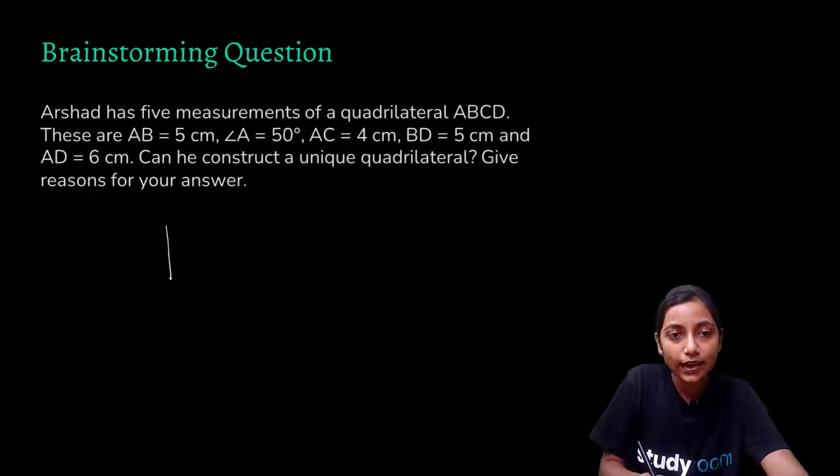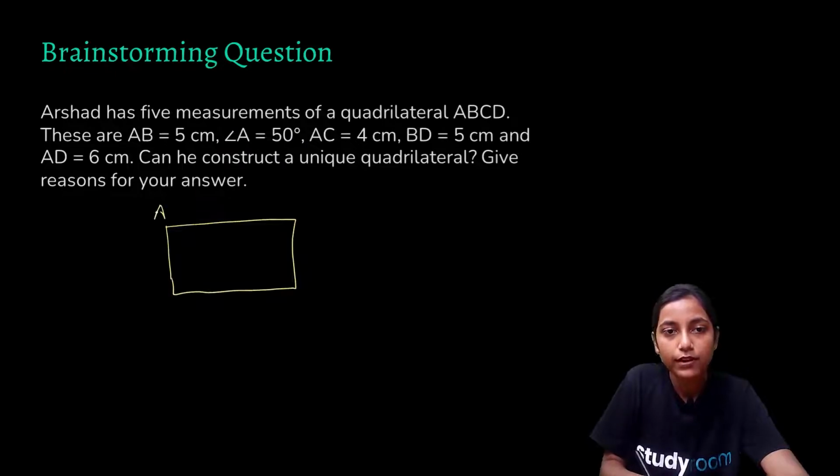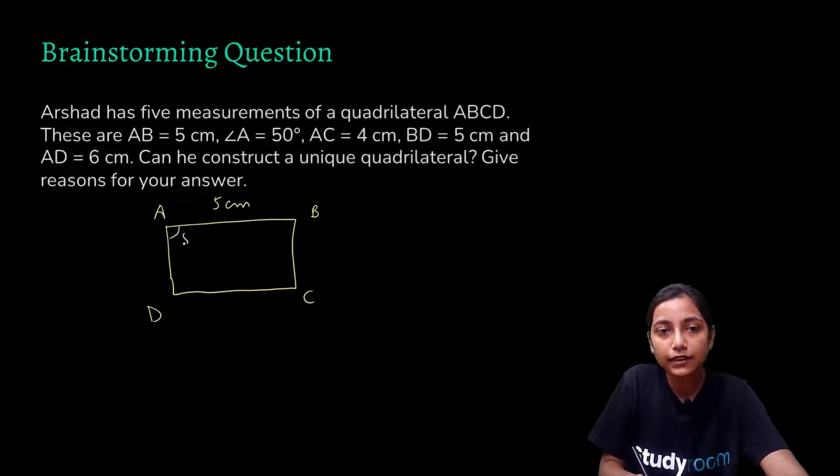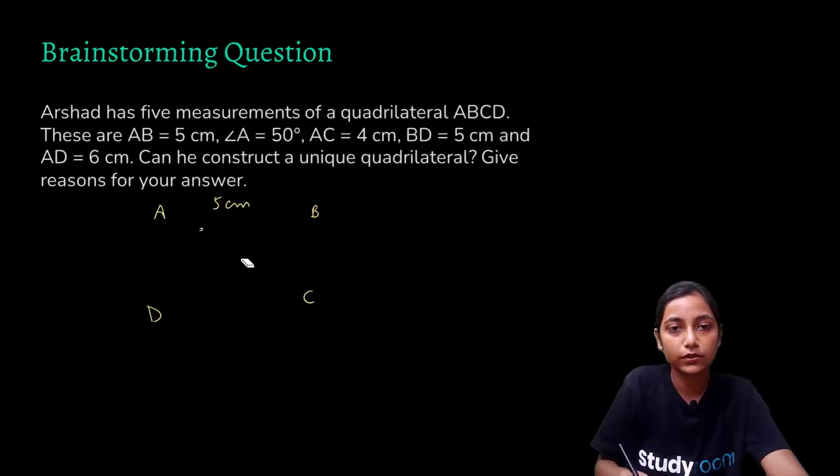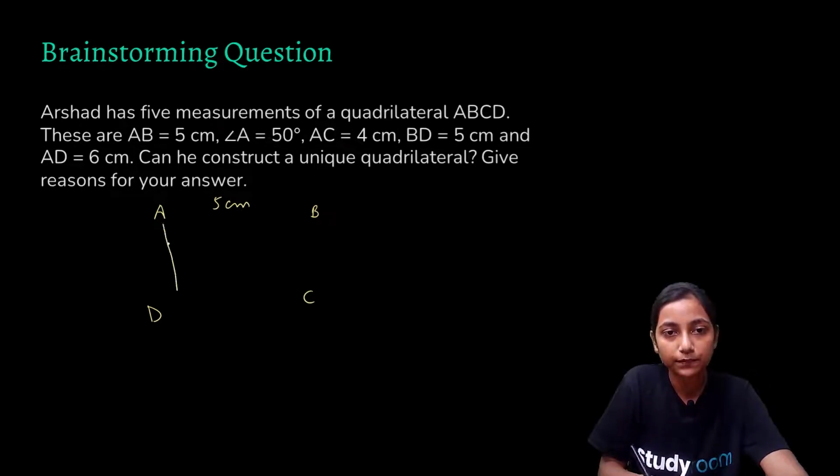So let's say we have this quadrilateral, ABCD. We are given AB as 5 cm. We have angle A as 50 degrees. Just a second, I'm just making a rough figure, right?